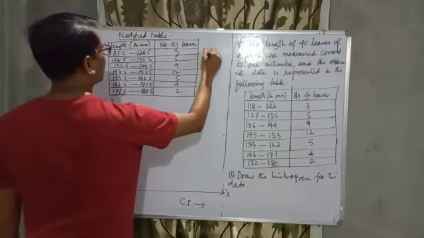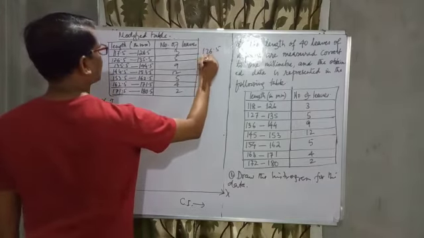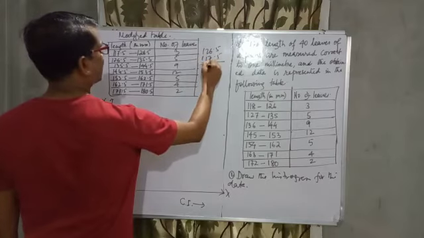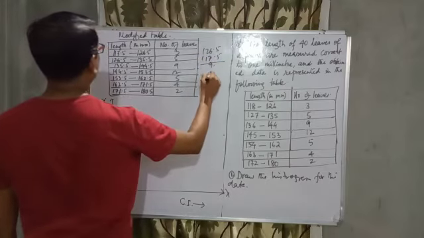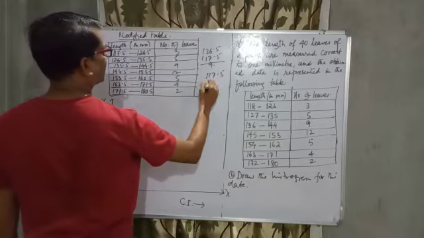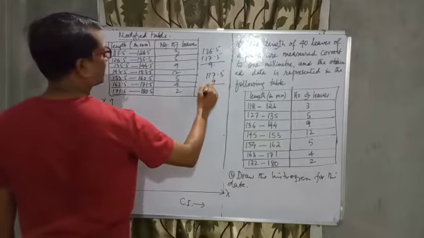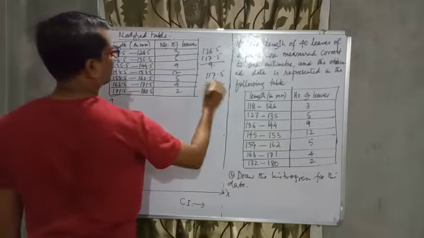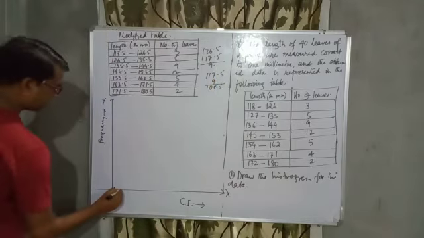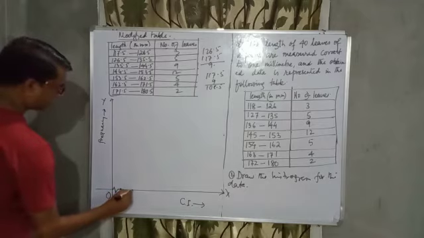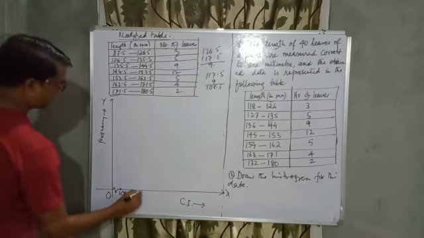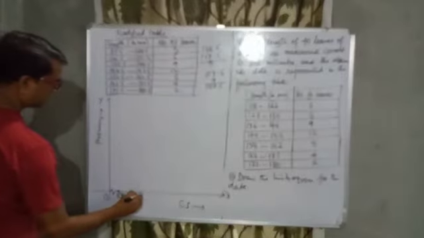See, 126.5 minus 117.5 is 9. 117.5 minus 9 gives 108.5. So before that, one point you can take. This is 108.5. This is 117.5. Same length.